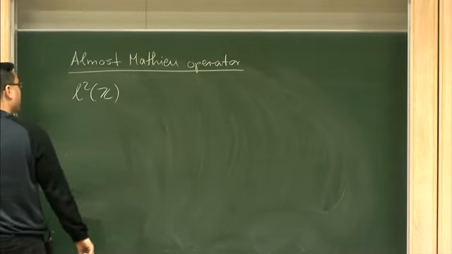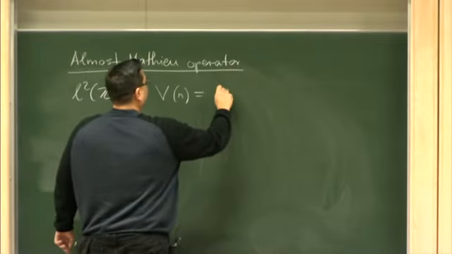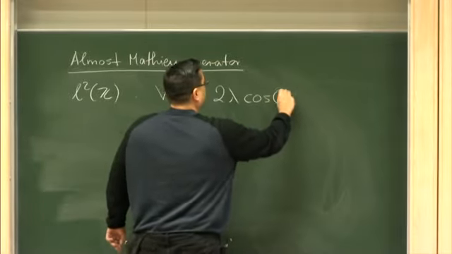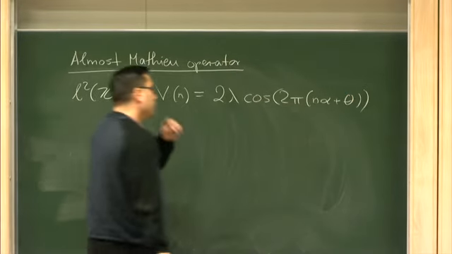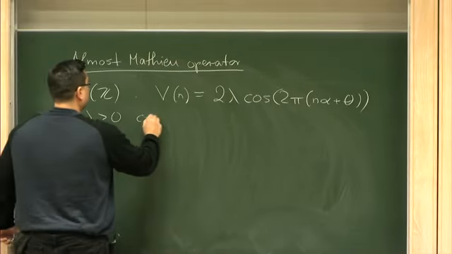So it's discrete, one-dimensional, and V_n depends on 3 parameters. There's a coupling constant lambda, then there's a cosine term, and then there are 2 more parameters, alpha and theta. So lambda is the coupling.